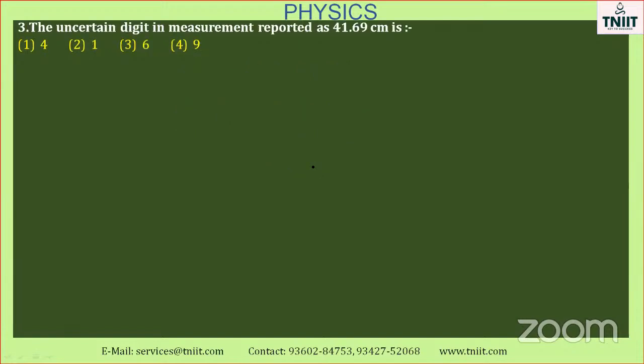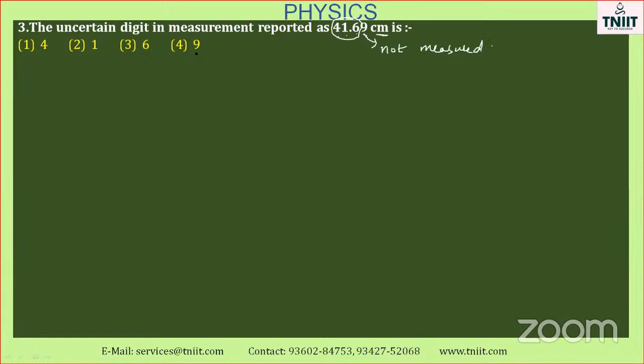What is the uncertain digit in the measurement here? It is 4 digits, right? 1, 2, 3, 4. Usually centimeter means you can tell either 41.6 centimeter. The fourth digit is not measured.